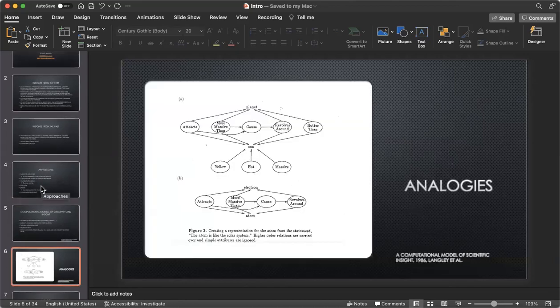Looking at analogies, this is again something very, very powerful. Right from when we are children, we are taught this particular analogy of the structure of the atom, like there is this nucleus and an electron circling around it, and that is analogous to the solar system, where there's a sun and there are all these planets that are revolving around it.